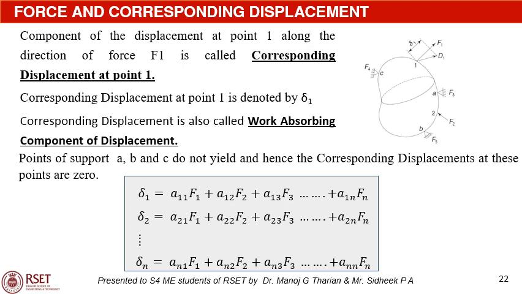In general, for a body which is subjected to forces F1, F2, F3, etc. up to Fn, as per the definition of influence coefficient and applying the superposition theorem, the corresponding displacements can be expressed as delta 1 equal to A11 F1 plus A12 F2 plus A13 F3 etc. plus A1n Fn, and delta 2 equal to A21 F1 plus A22 F2 plus A23 F3 plus etc. up to A2n Fn.